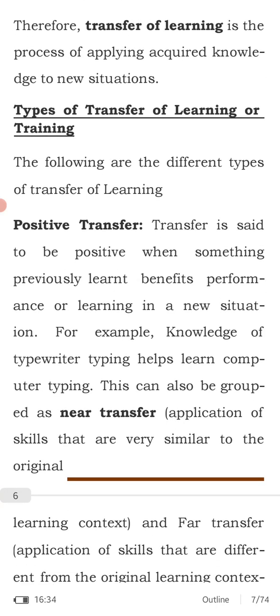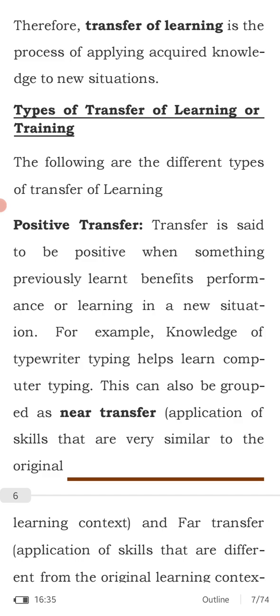There are different types of learning or training, and one of them is positive transfer. The transfer is said to be positive when something previously learned benefits the performance or learning in a new situation.